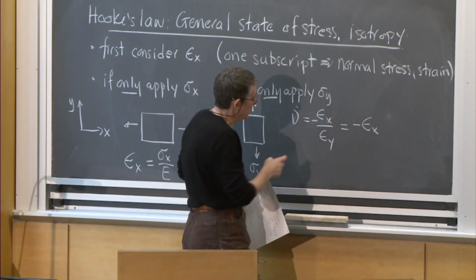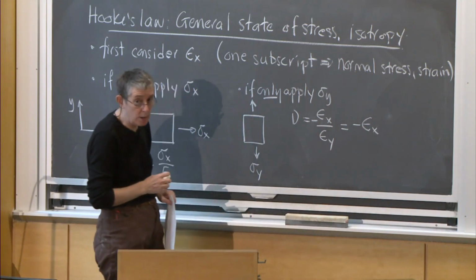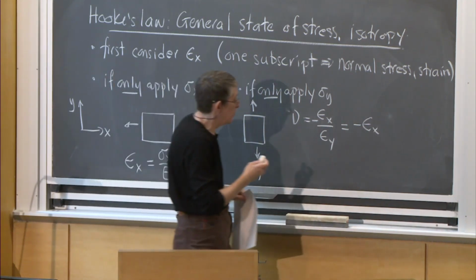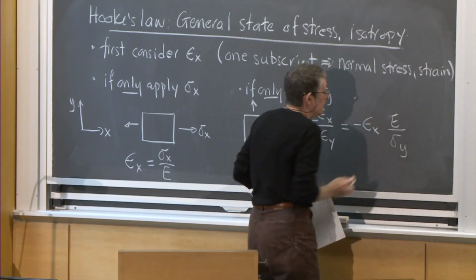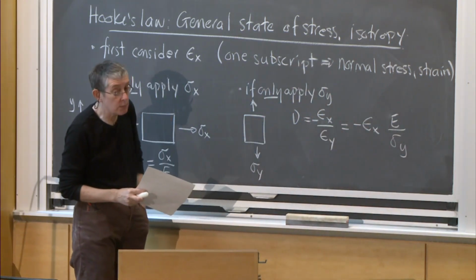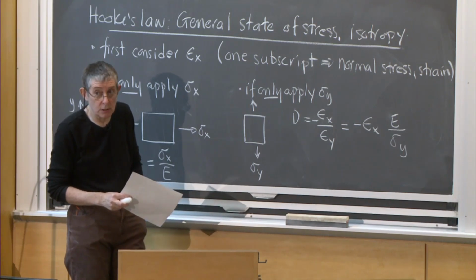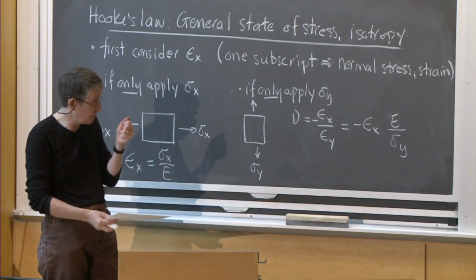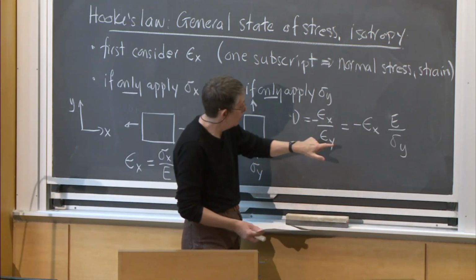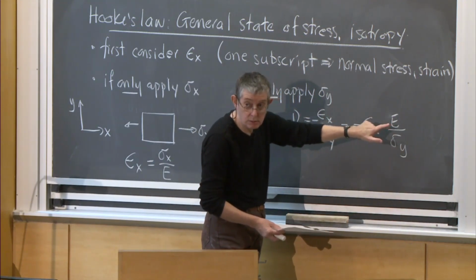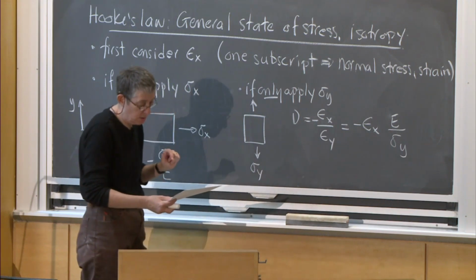So it's minus epsilon x, and I can get epsilon y by just using the Hooke's law that I had before. So Hooke's law says that epsilon y is sigma y over E. Okay? So I'm just applying the sigma y, and epsilon y is just going to be sigma y over E. Are we good?